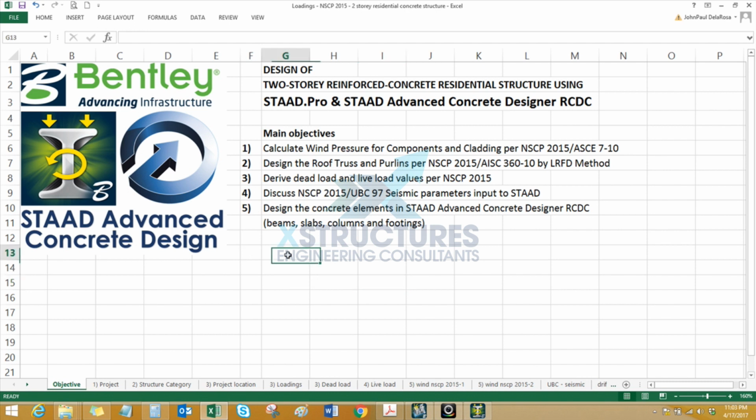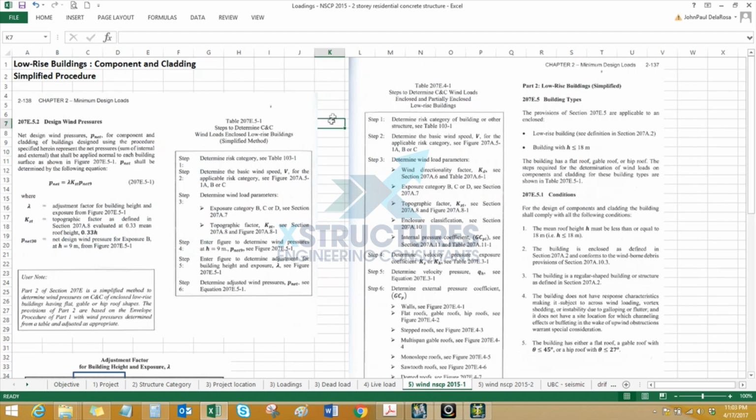So, para dun sa unang objective natin, calculate wind pressure for components and cladding per NSCP 2015. Meron kasing dalawang or tatlong procedure ng calculation ng wind sa NSCP. Merong analytical procedure, merong simplified, meron pa yung wind tunnel. So, since simple lang yung structure natin, simplified method lang yung gagamitin natin.